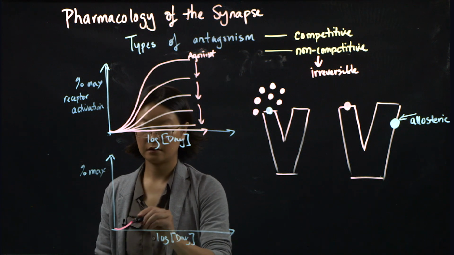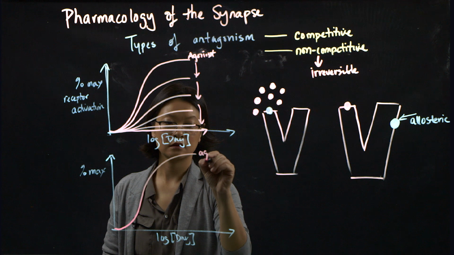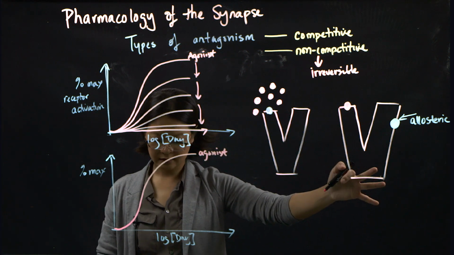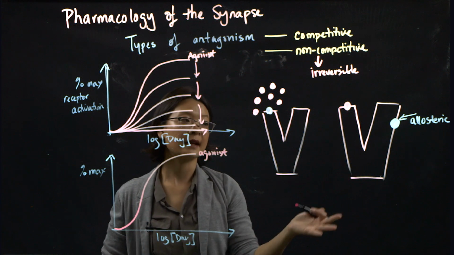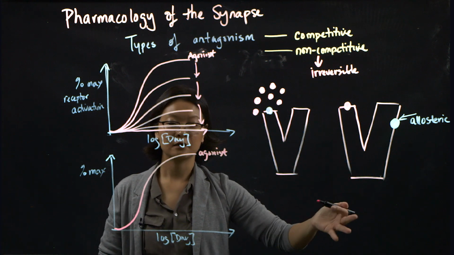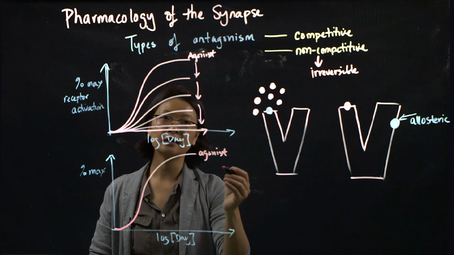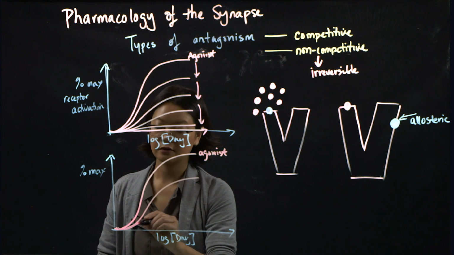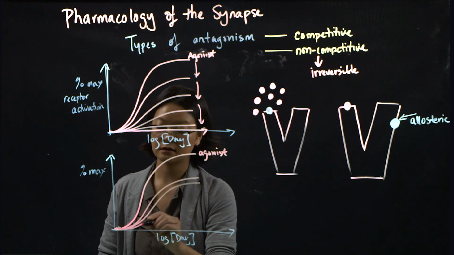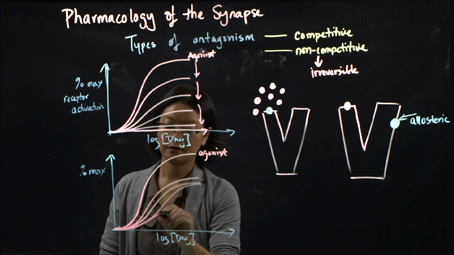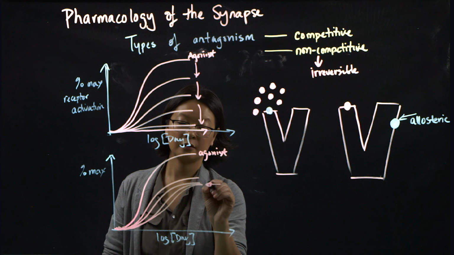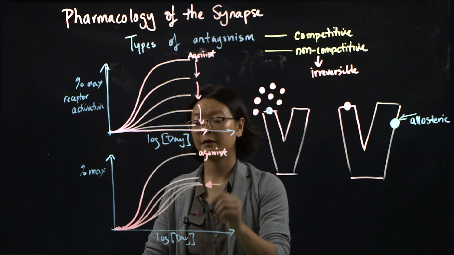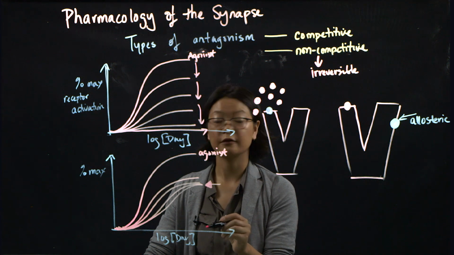So again, here's your agonist. But with an allosteric binding site, or you can call this a negative allosteric modulator, you still get a drop in efficacy, but with increasing concentrations of your antagonist, it will be saturated. So you won't actually be able to drop the curve anymore.